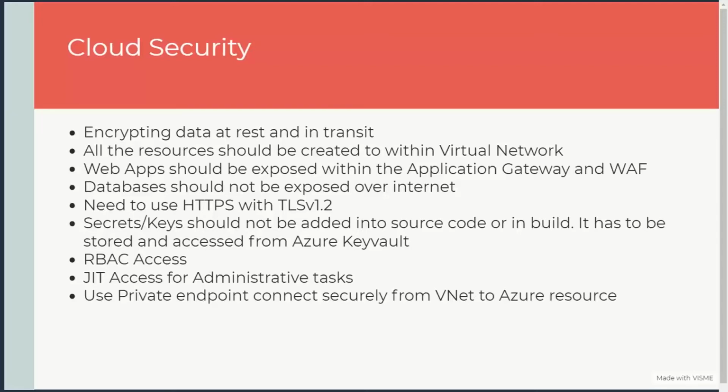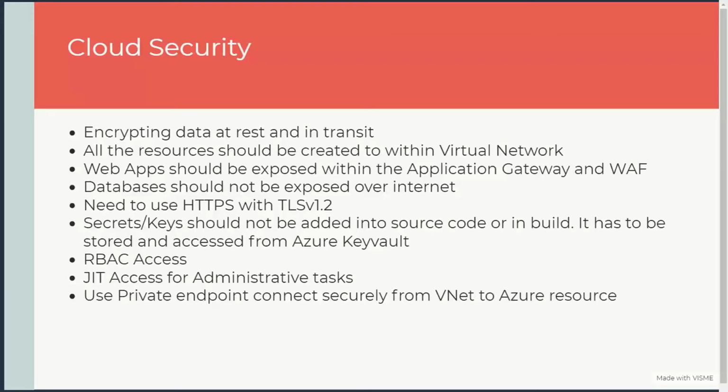Say, for example, if you have a website that is a thin client, and all the event actions are going to be on an API. That API will be within the virtual network, but the website will be public.